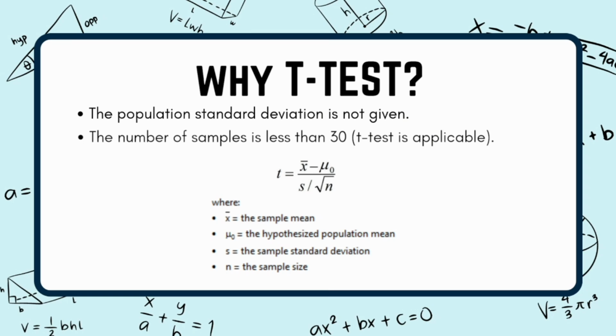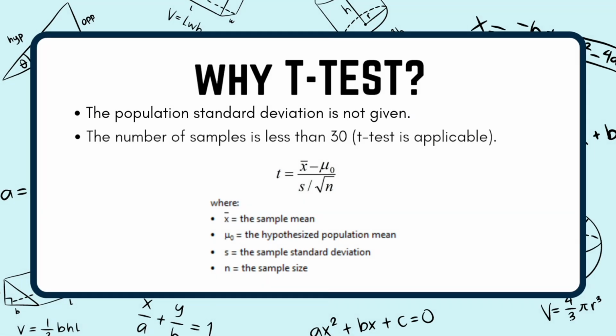This is because when we have a small sample size, which is less than 30, the t-test is more appropriate than other methods like the z-test, wherein t is equal to sample mean minus population mean divided by the sample standard deviation over the square root of the sample size. It is important to choose the right method for hypothesis testing because it affects the conclusions we make based on the data.